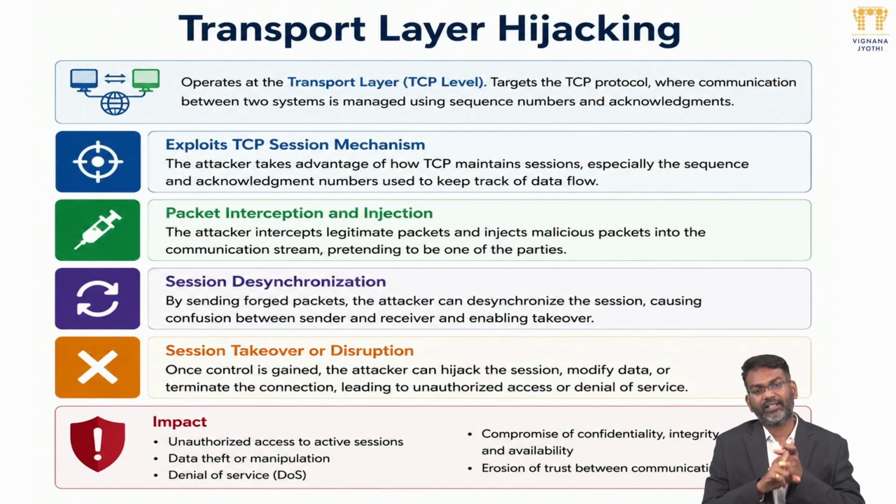But in connectionless services, switching happens depending upon the availability of the transmission line, shifting from one transmission line to another. So we are least bothered about UDP session hijacking. First of all, we'll be talking about the transport layer level, TCP level hijacking.